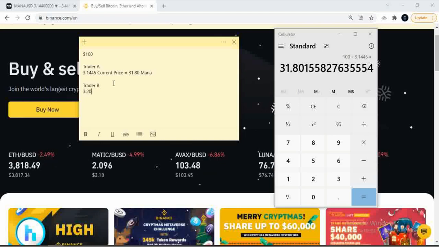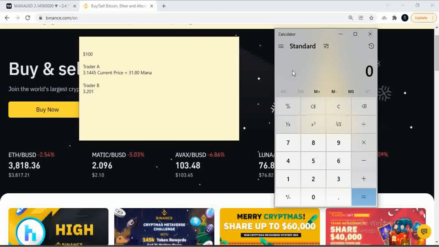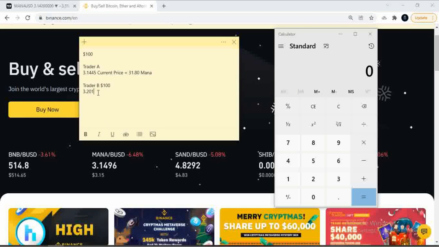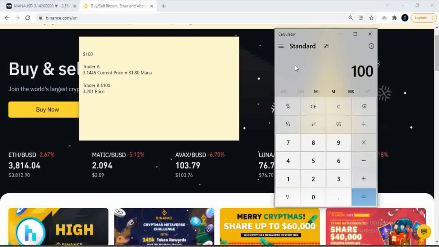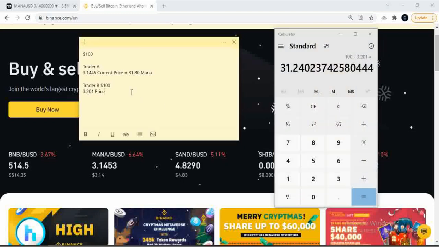Let's say 3.0. Let's just add some significant places and let it look real. Let's say MANA is trading inside of that. At that time, you're going to realize that trader 2, who wants to buy with $100 at the new price, is going to afford 31.2, because there is an increase in price.